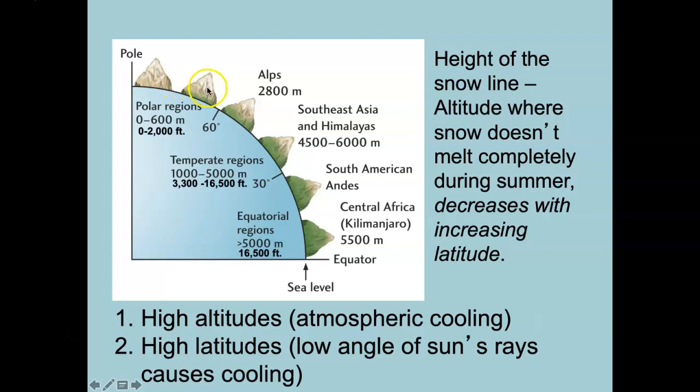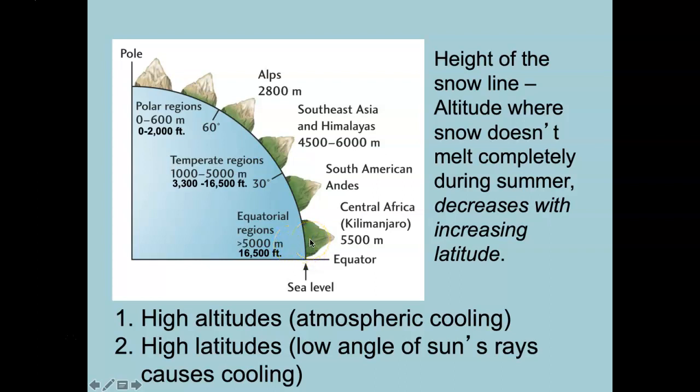As we go higher in altitude, in the Alps, there are glaciers at 2,800 meters. At 30 degrees, we can have glaciers from 3,300 to 16,000 feet. And then even at or near the equator with Kilimanjaro, there is a glacier at 16,500 feet.